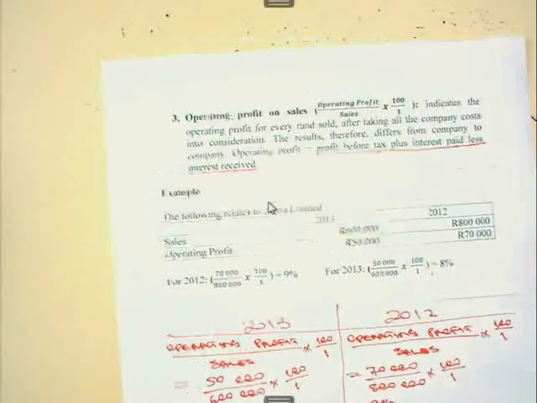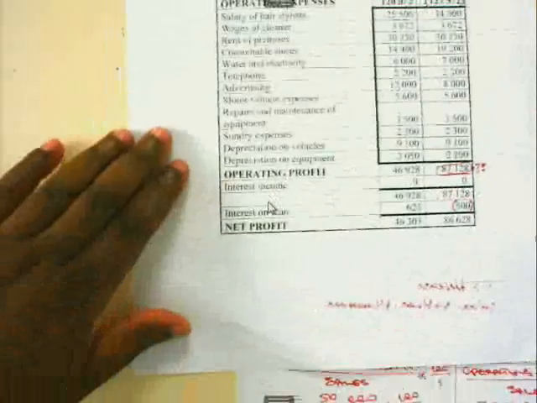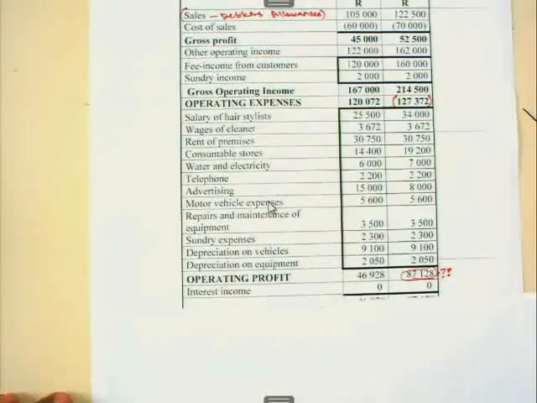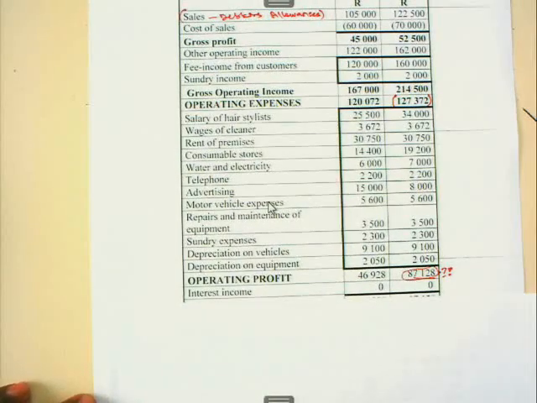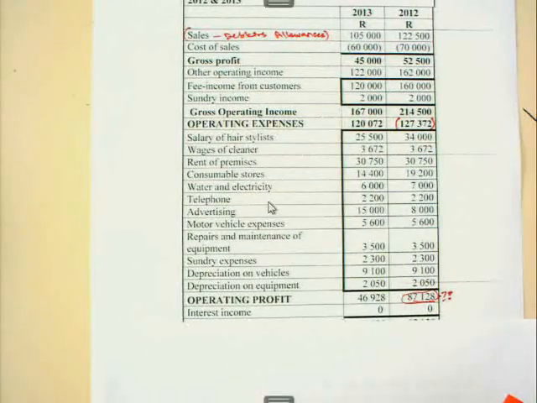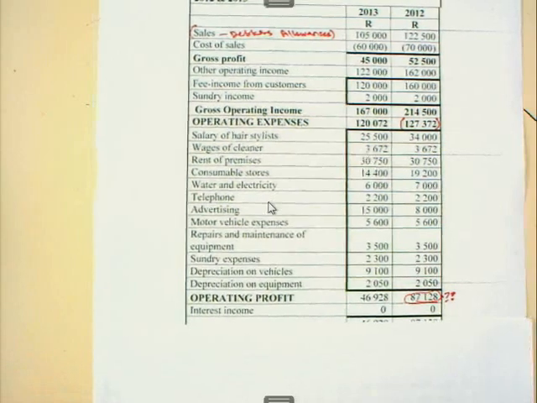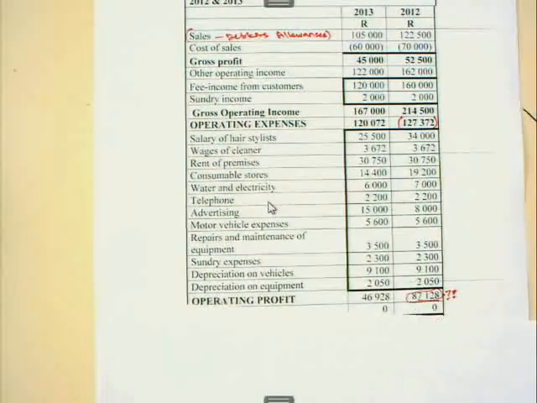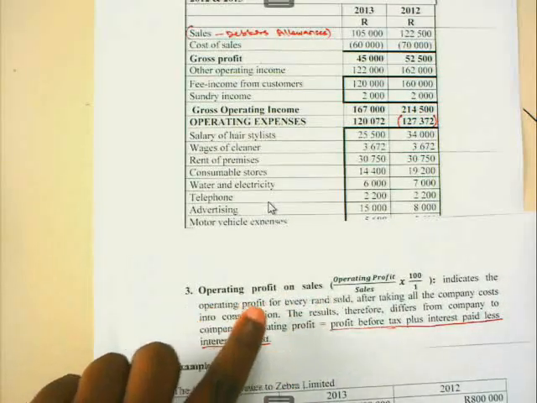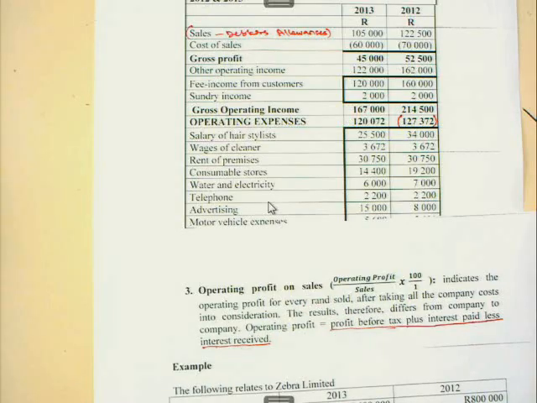Now, using this information given to us, we are also going to use, for the 2 years, 2012 and 2013, operating profit as a percentage of sales. That's where we are.